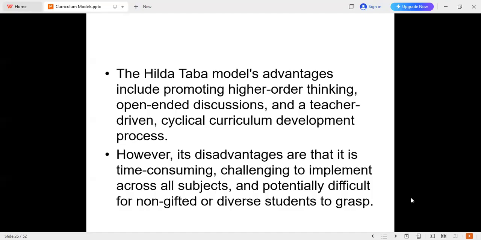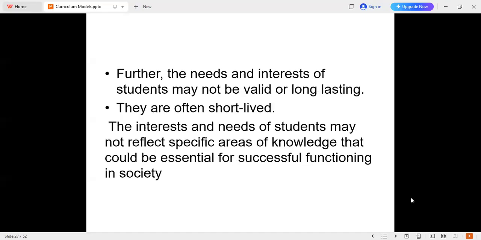We still face a slow learners problem. Further, the needs and interests of students may not be valid or long lasting. They are often short lived.